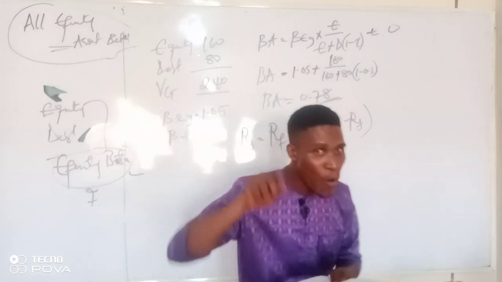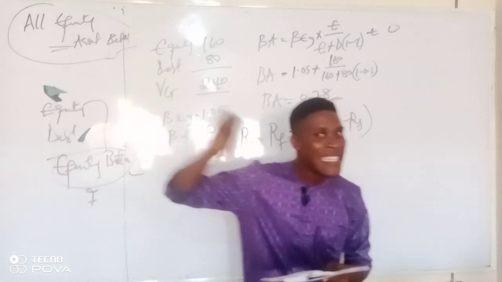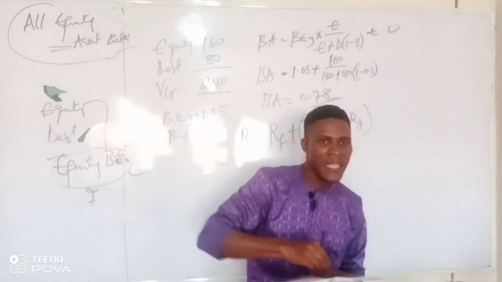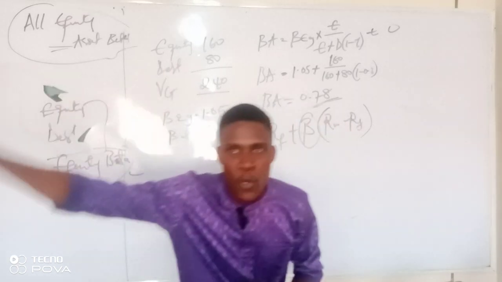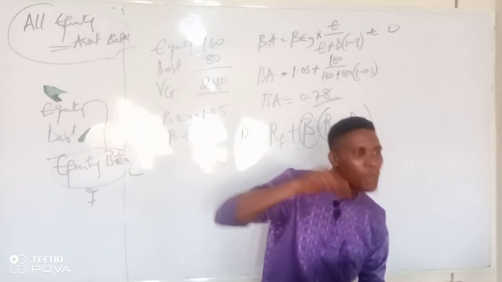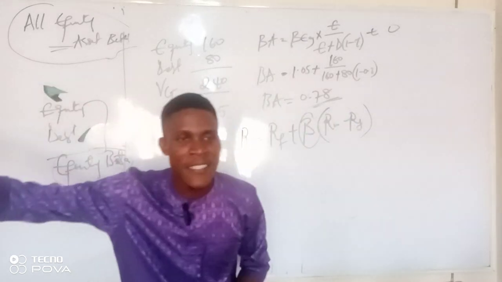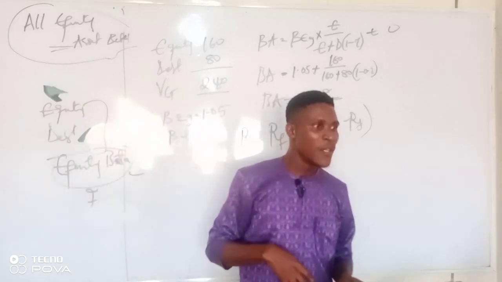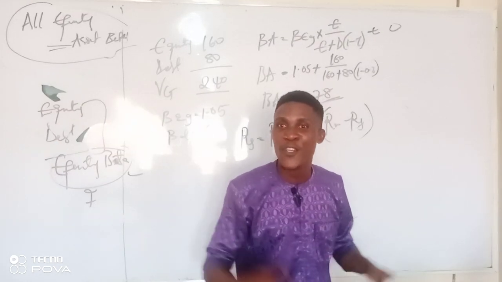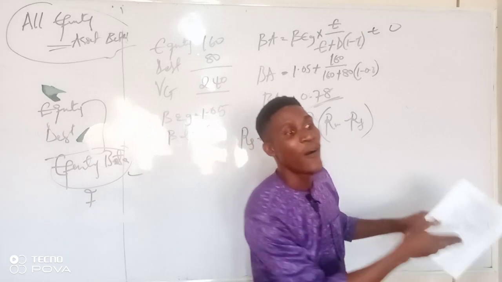The project I want to embark on will definitely have a risk. So the cost of capital that you must use to appraise the project must be determined based on the risk of the project. If the risk of the project is the same as the risk of the business, what do you do? Don't bother, use your existing WACC.